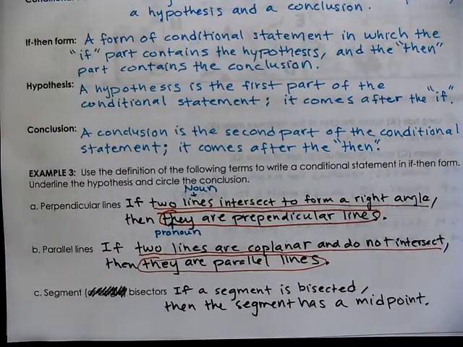Notice it's not quite how we said it in a general sense. The way I described it generally, I said, well, if we have a segment that it is cut in half. Well, that's not technically true. If a segment is bisected, then it has a midpoint. Because then you could follow that up with the definition of a midpoint, which is, well, if a point is a midpoint, then it creates two congruent segments.